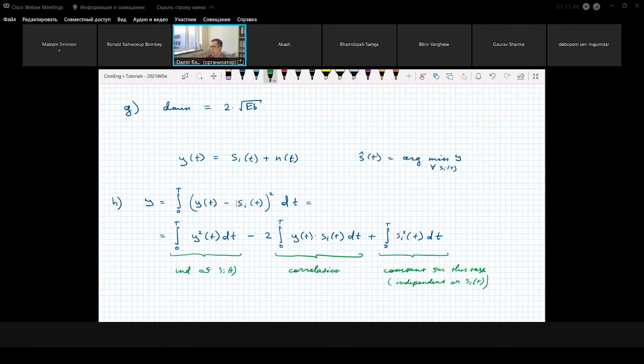When you make a decision for unipolar signals, the threshold will be somewhere between 0 and 1, at 0.5. And this last term gives you information about the threshold. But for this task, as all energies are the same for all signals, the threshold will be at 0. Or simply speaking, we don't take this last term into account.